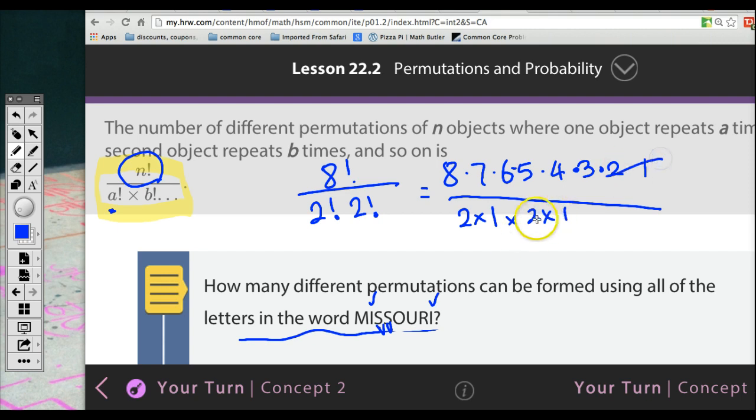So then, of course, the 2 and the 1 cancel out. The 2 and the 1, 2 goes into 4 2 times. So what would your answer be? 8 times 7 times 6 times 5 times 2 times 3. And yeah, I'm pretty bright, obviously, but all those big numbers are difficult for me to calculate too. So you can just go ahead and use your calculator. There's nothing wrong about that. And your answer is?